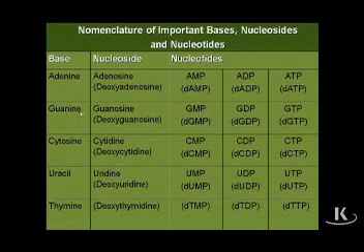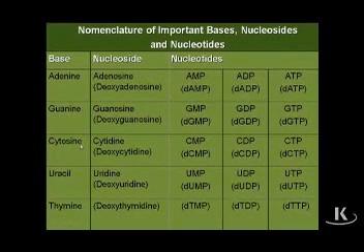When you attach a sugar to the base, guanine becomes guanosine. So for purine bases, you see that you get this osine, O-S-I-N-E, ending. So anytime you see osine at the end of one of these, they're not talking about the nitrogen base. They're talking about the nucleoside itself.